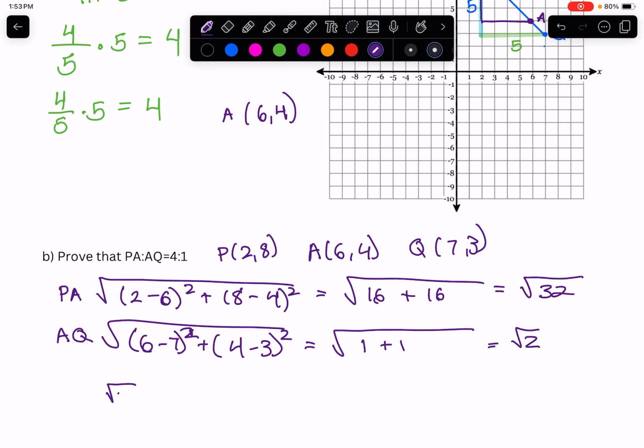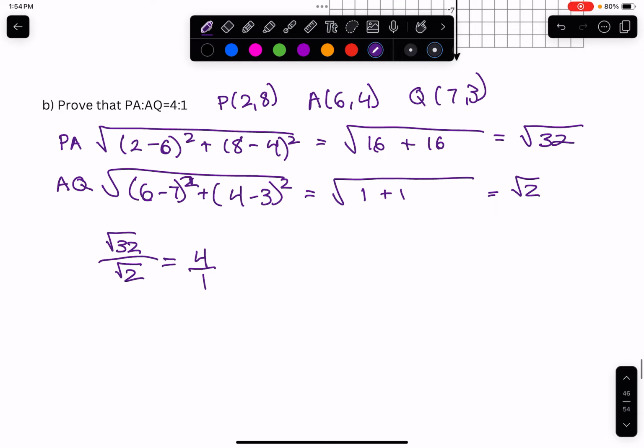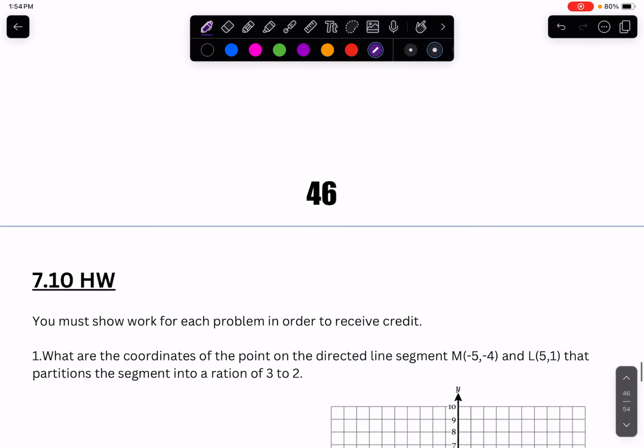And so now if I do the square root of 32 over 2, I should get 4, which I do. So that tells me that this simplifies to a ratio of 4 to 1, so the distances are actually in a ratio of 4 to 1.